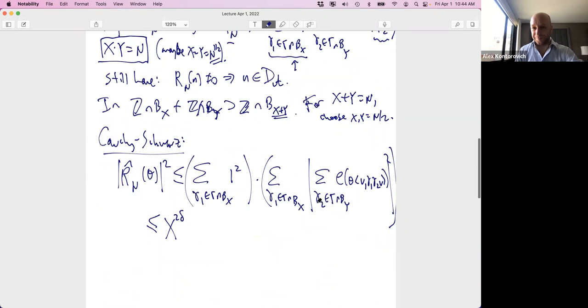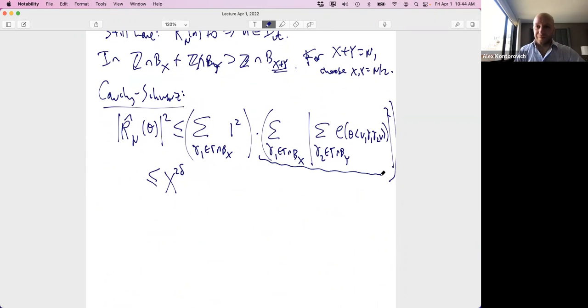Now here we're going to do some trickery. The first thing I want to do is use the fact that this is also bilinear. Not only have we constructed bilinear forms, the expression itself is bilinear in these gamma variables. So I can write this as the inner product of gamma 1 transpose v, gamma 2 v.